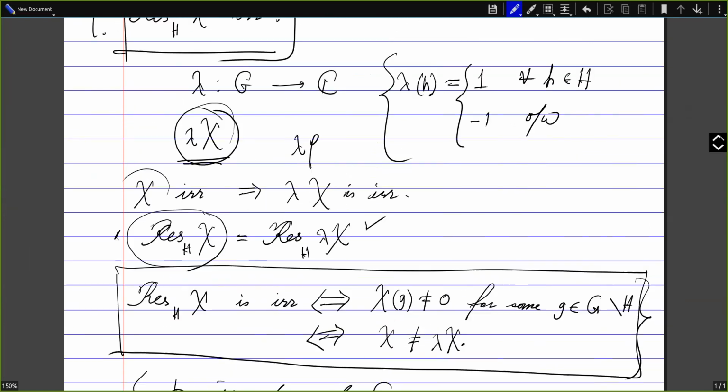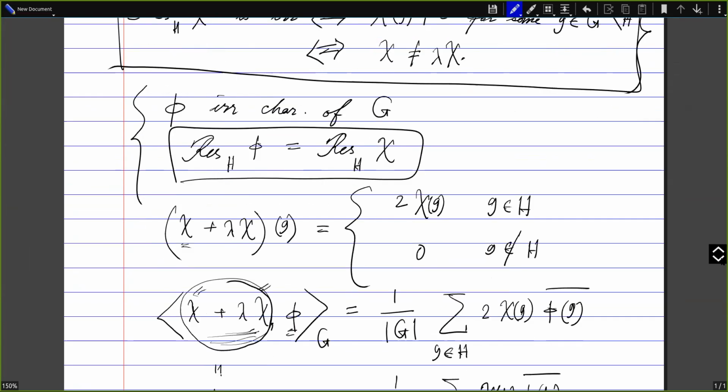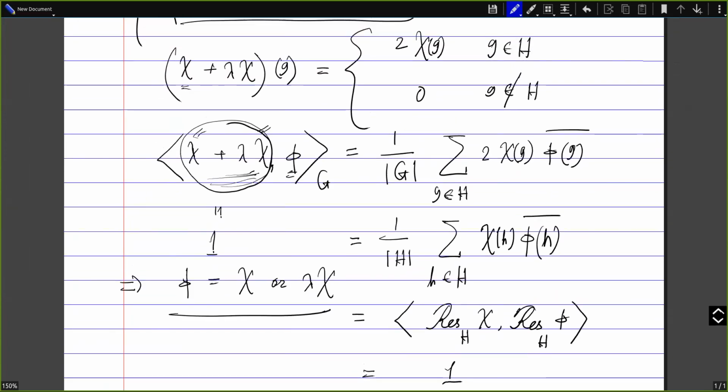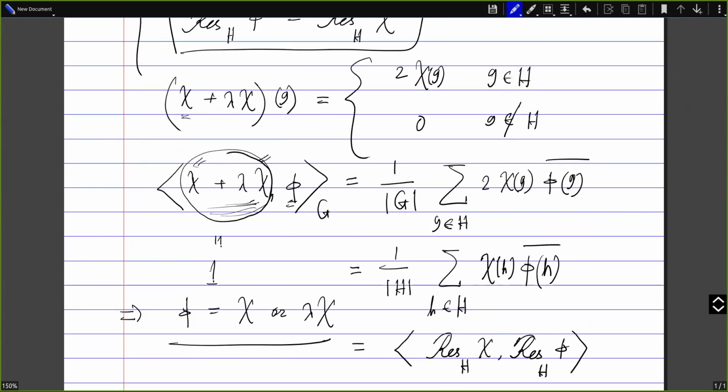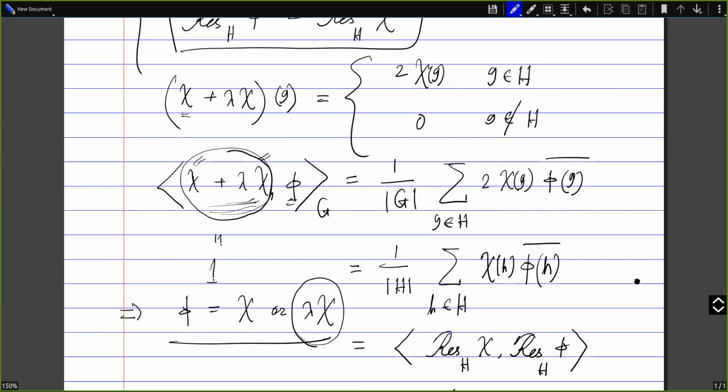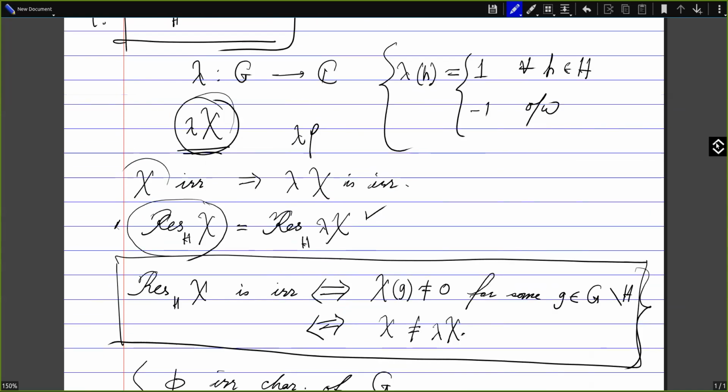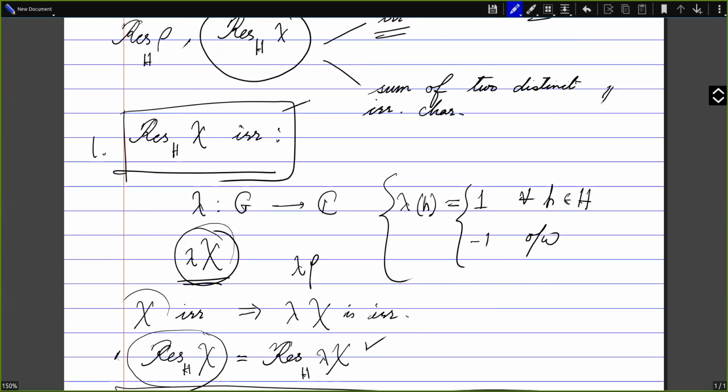So thus when res chi is irreducible, only lambda chi is an alternative, in the sense that when it is restricted to H, it coincides with the restriction of chi and nothing else. Okay, so this is what we get in this situation when this is irreducible.